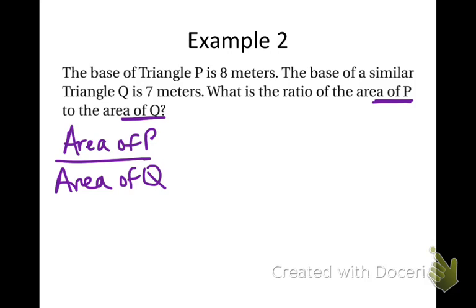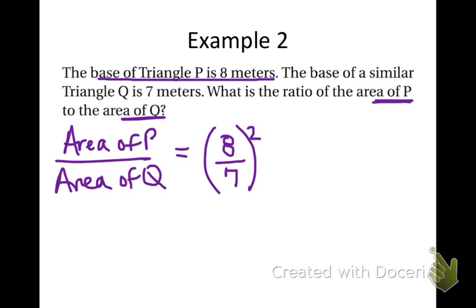Since we are given the base of triangle P, we know that side length, so we know that we're going to have 8 to 7 and the whole quantity squared. Well, that's going to be equal to 8 squared over 7 squared. Each of these has to be squared.